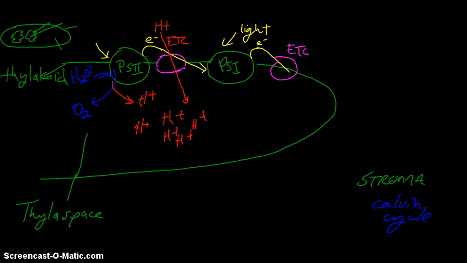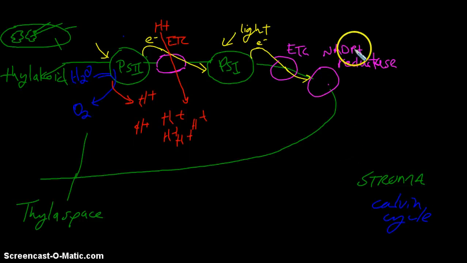And then the low energy electrons are eventually going to pass through an enzyme in the thylakoid membrane called NADP plus reductase. So it's an enzyme.